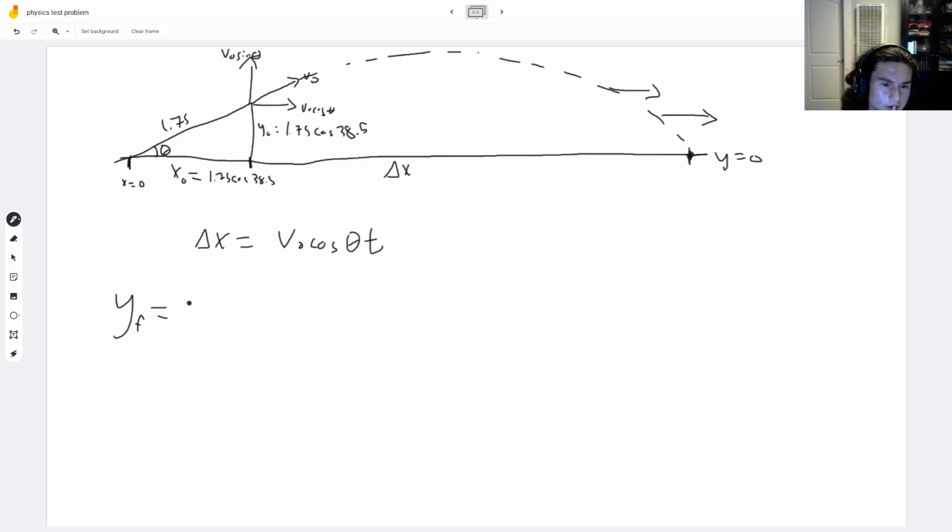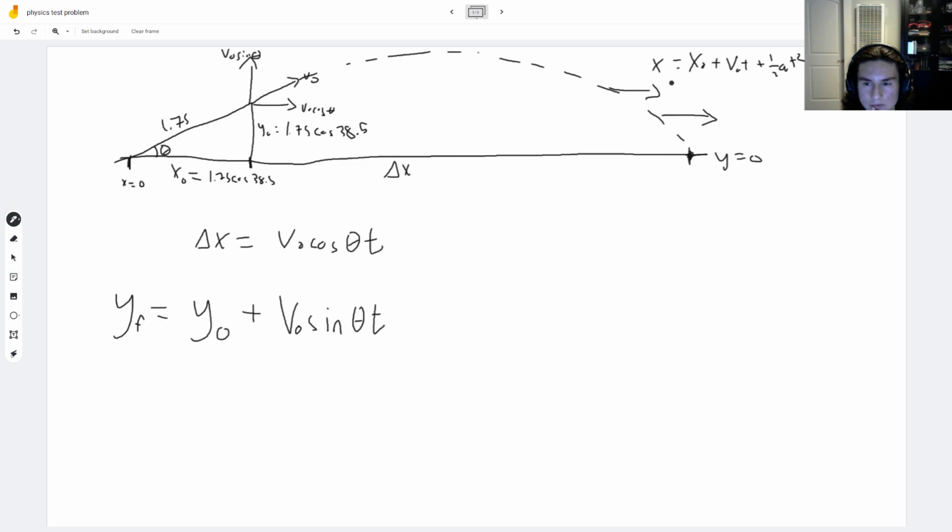So I'll say y initial plus our initial velocity in the y direction, which is v naught sine theta, and then again, kinematics, we add a t because we're using the x0 plus v0t plus 1/2 at squared equation.